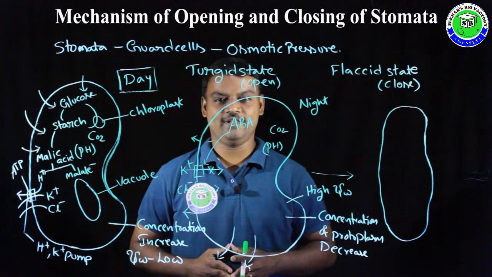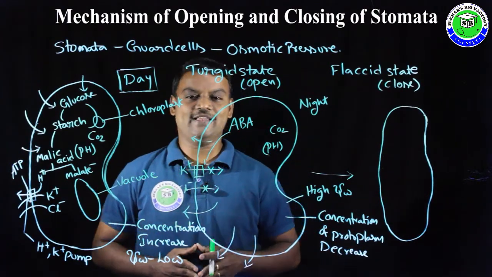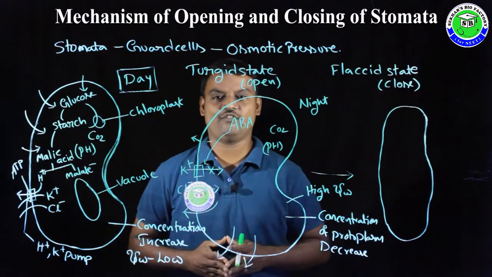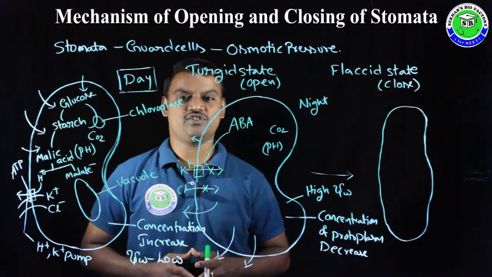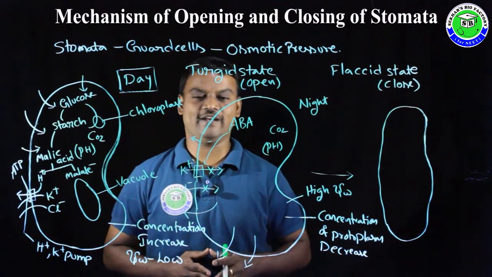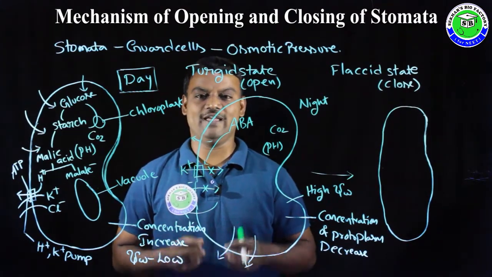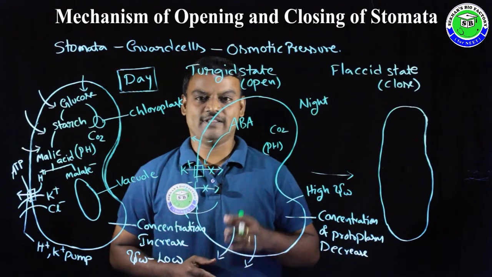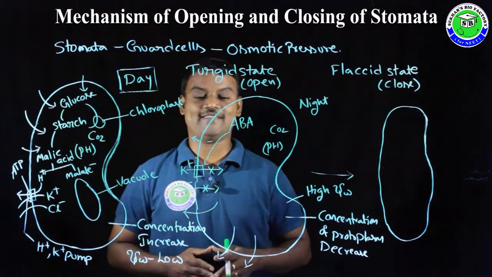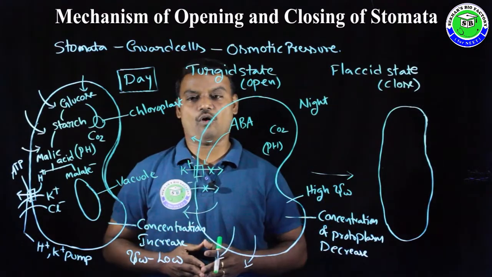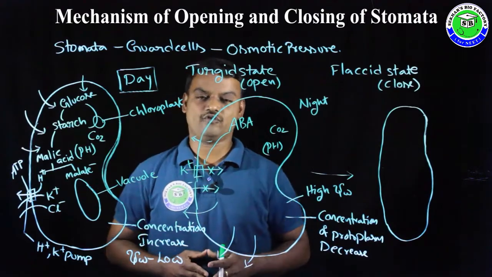Along with that, the lenticels present on the stem surface perform transpiration up to 1 to 2%. Even bark also performs transpiration, but it is very little. In this way, the transpiration and exchange of gases mechanism depends on the opening and closing of stomata.